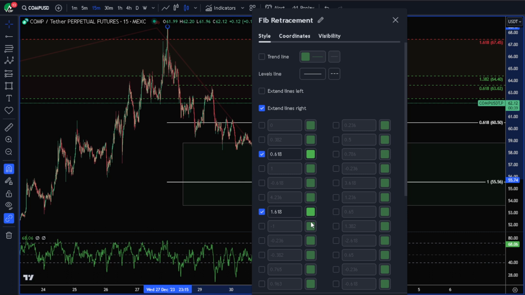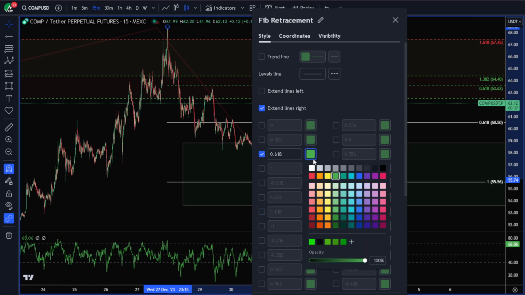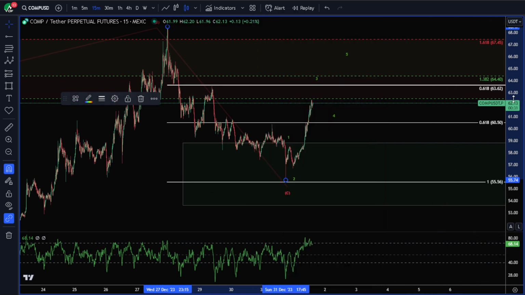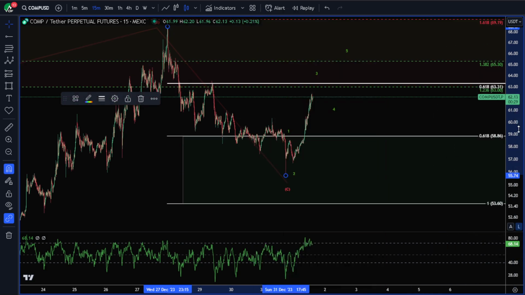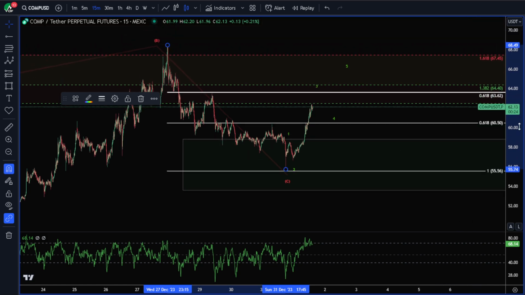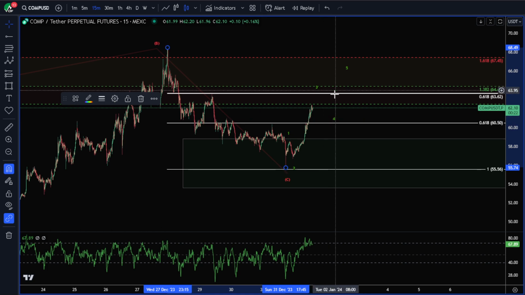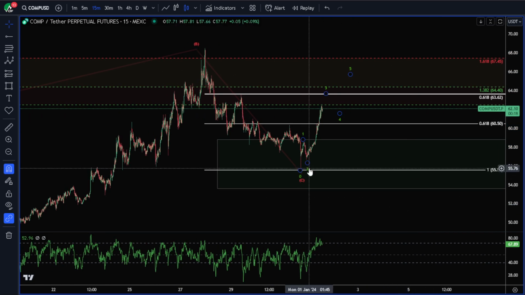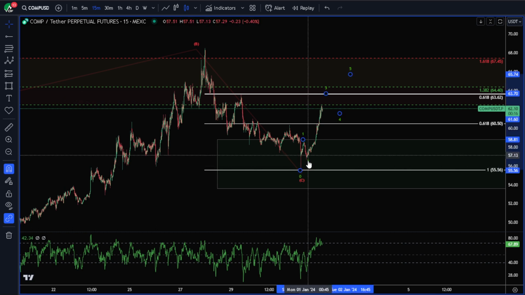Can't really see that 0.618. Let's make that white. A little bigger to see. So as soon as we hit through 63.31 on log, as soon as we hit through 63.62, probability shifts that we're going to the upside. So we'll be keeping an eye on that level.